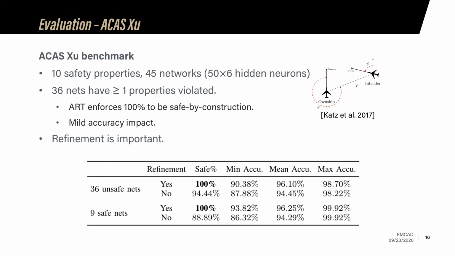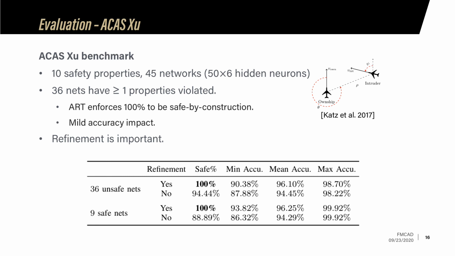Each one of them has 6 hidden layers, and each hidden layer has 50 hidden neurons. Out of these 45 networks, 36 of them have at least one safety property that is being violated. For these, ART successfully enforces all of them to be safe by construction. In the meantime, the accuracy impact is mild.